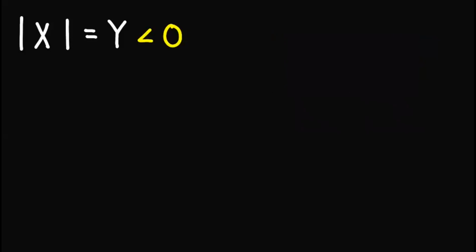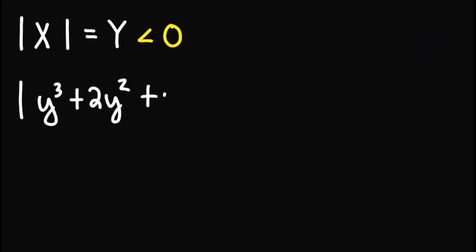Let's have another example that is similar to that one. Let's have the absolute value of y cubed plus 2y squared plus y plus 2, and this one is equal to -5.